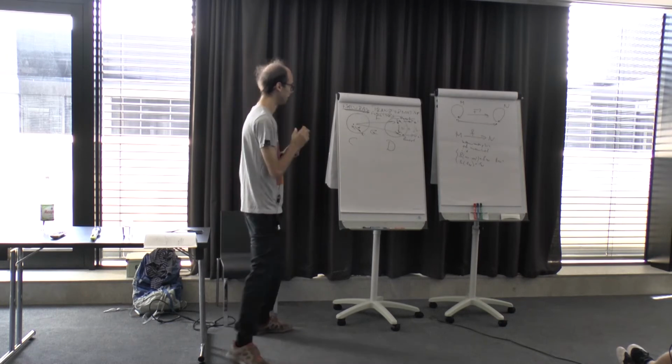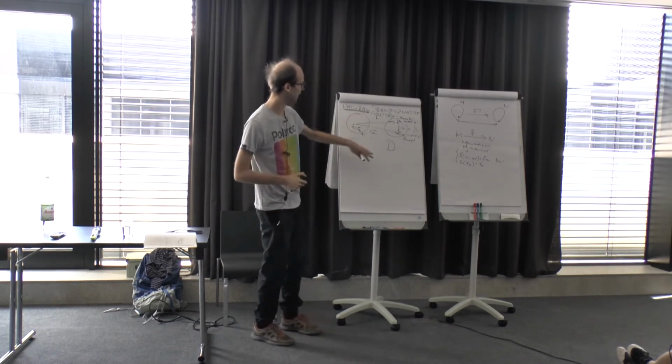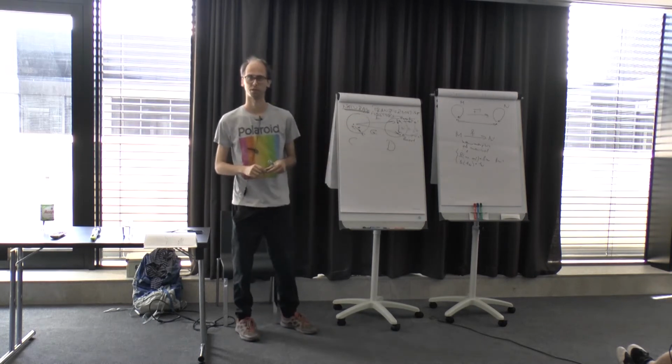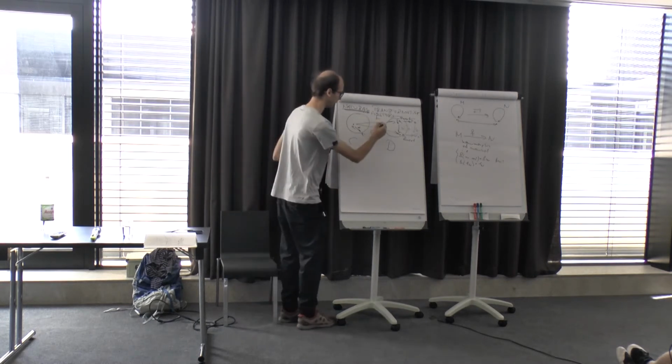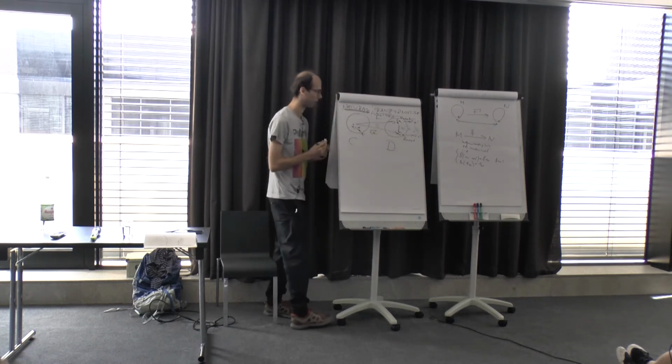And this is a very natural way of defining arrows between functors. So let's use a double arrow.